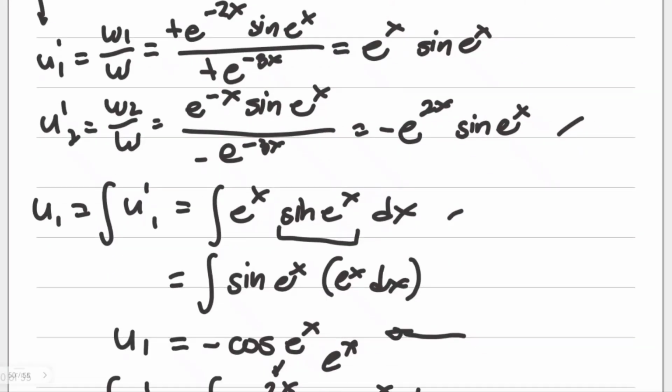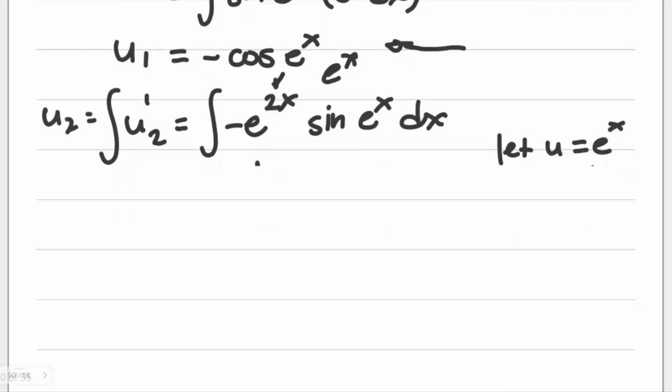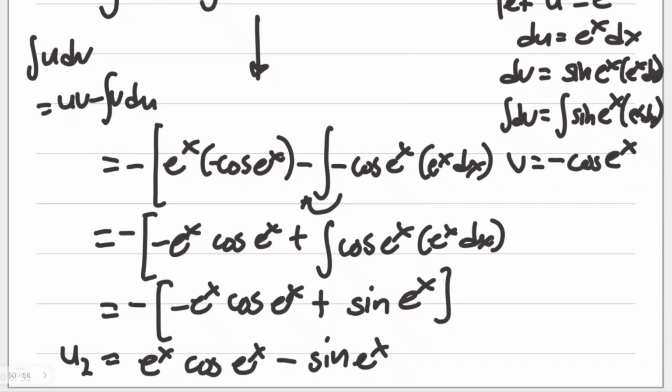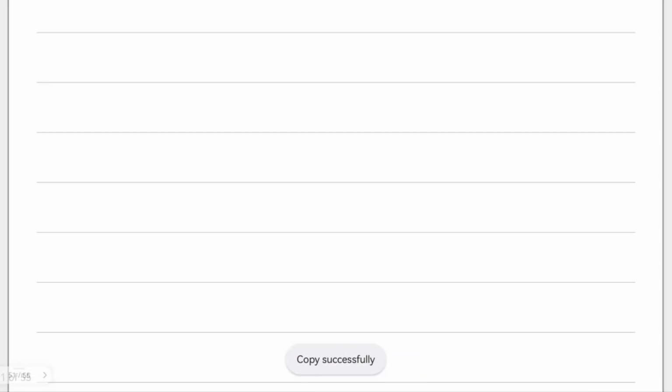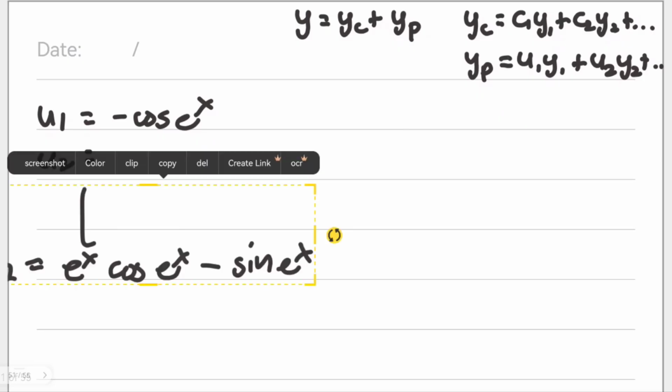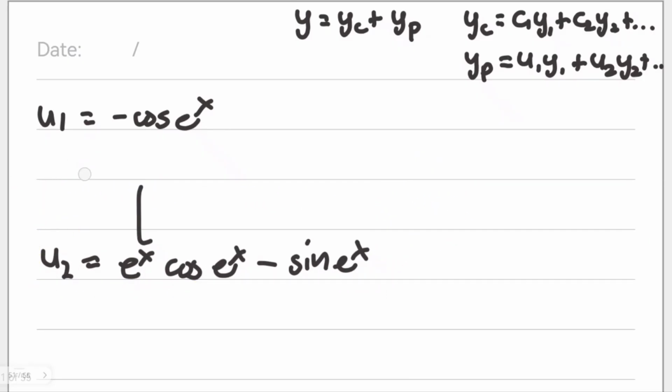Our u sub 1 is actually negative cosine e to the power of x, and our u sub 2 is this one here. Let me copy this, paste, but let me erase this.